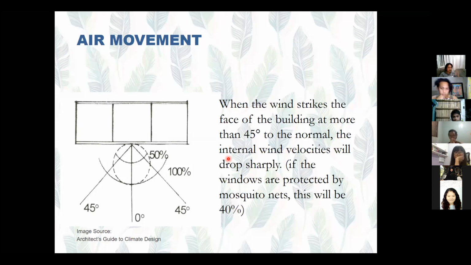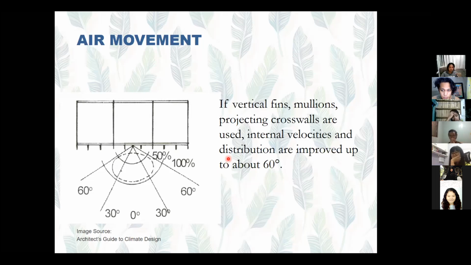Now, if you add fins to that, dun sa opening mo, even if ito nare-redirect ng fins yung hangin, so with that, even up to 60 degrees instead of 45, ma-harness mo ang wind up to the 50% of its wind speed. Okay? So if you incorporate fins, so kahit 60 degrees ang angle, at least ma-maximize mo ang 50% of the wind speed.